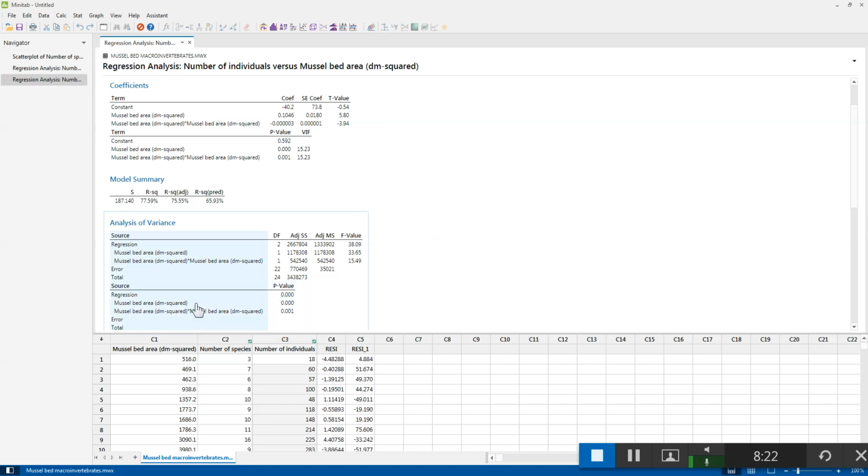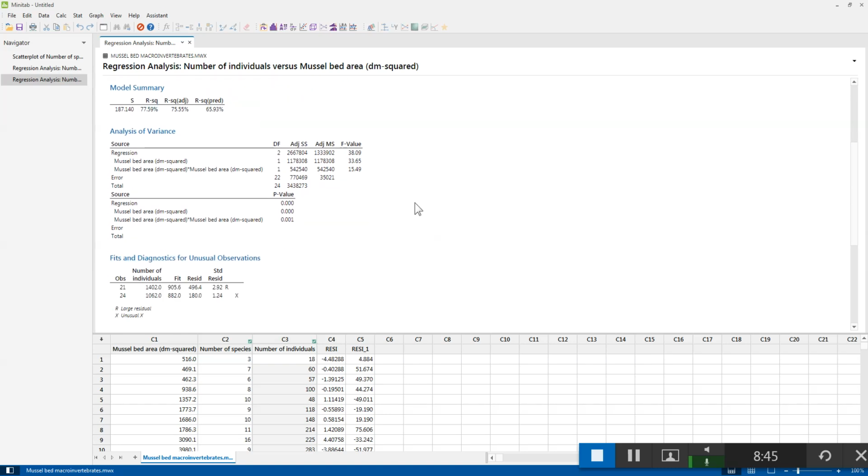Yes, it does. Muscle bed area on its own, and muscle bed area squared also are terms. These two terms here both describe a significant amount of the variability. That's giving me an R squared of 77.59. Look, okay, it's good.